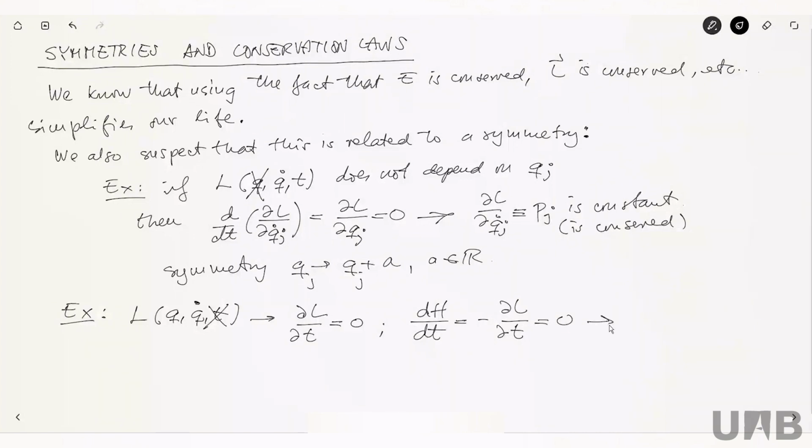So this means that H is conserved, or a constant. It's the same. And again, the symmetry is very similar to the previous one, is symmetry under the shift t goes to t plus a, where a is a number. So it's again some sort of translation, right? It's translation in time, and here is translation in the coordinate q.